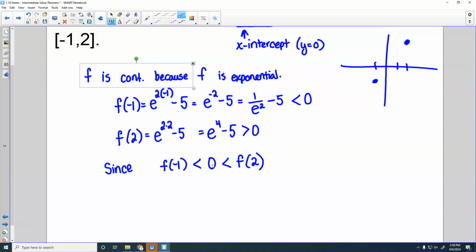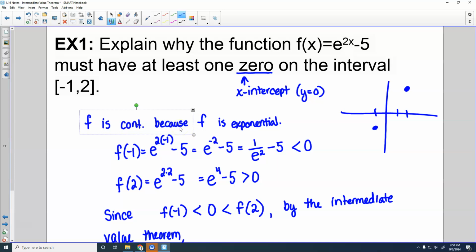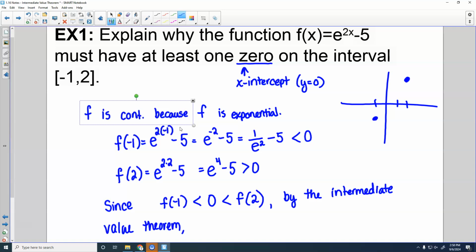So since that's the case, by the intermediate value theorem, and I like to just restate, explain why the function must have at least 1 zero on the interval from -1 to 2.